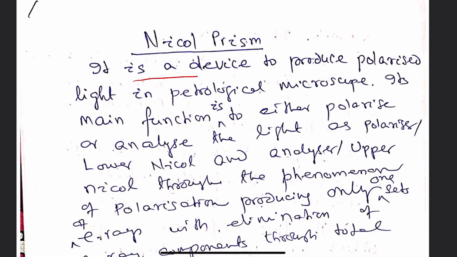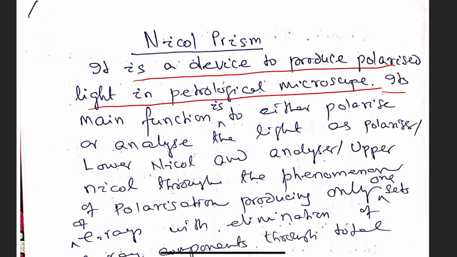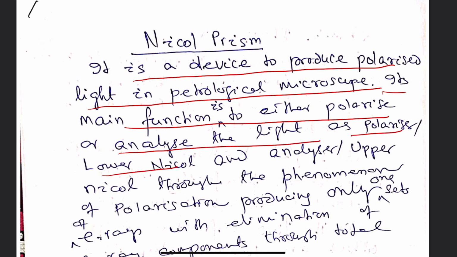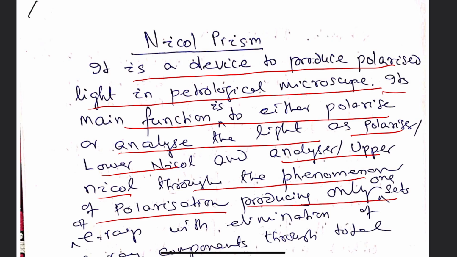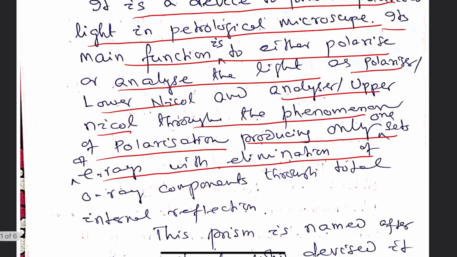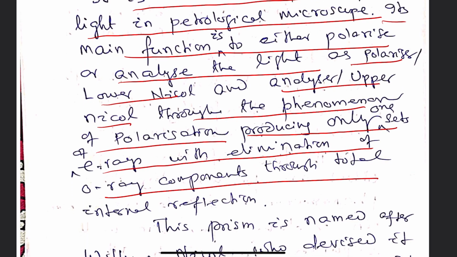So it is a device to produce polarized light in a petrological microscope. Its main function is to either polarize or analyze the light, as polarizer (lower Nicol prism) or as analyzer (upper Nicol), through the phenomenon of polarization, producing only one set of E rays with elimination of the O ray components through total internal reflection.